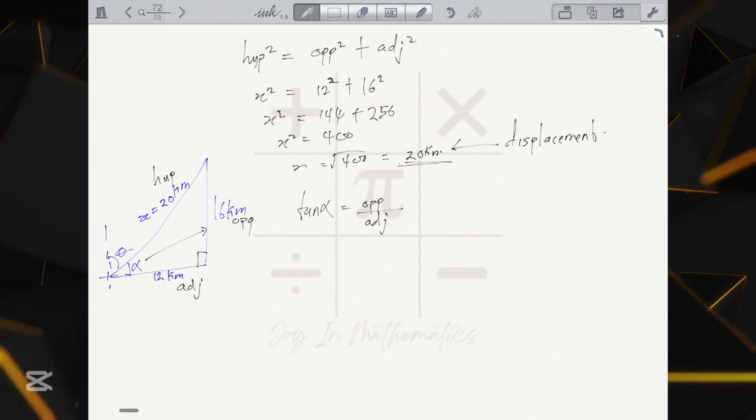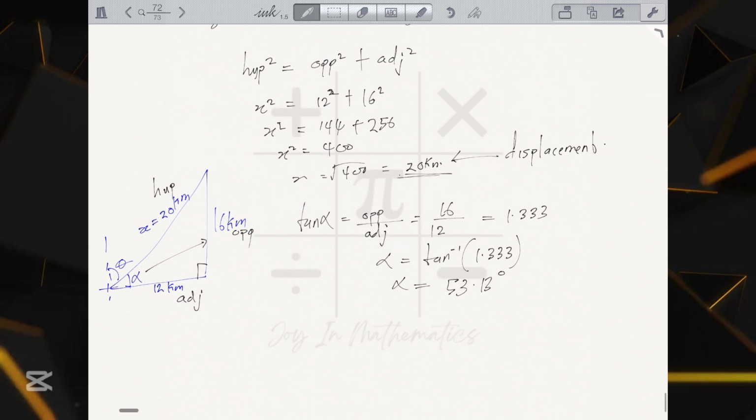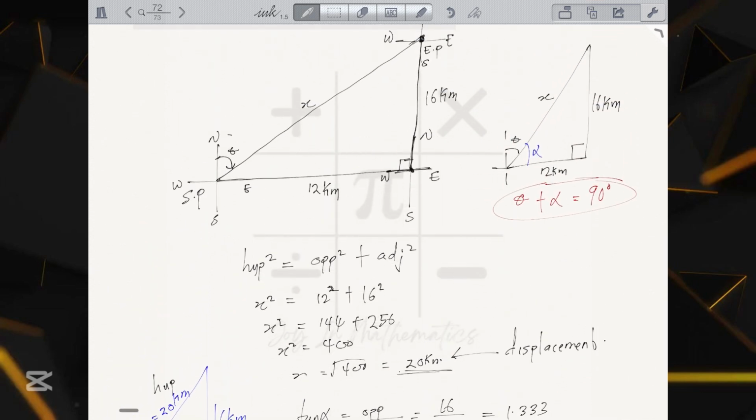So tan alpha is equal to opposite over adjacent, which is 16 over 12, and 16 divided by 12 is equal to 1.33. Therefore alpha will be arctan 1.333, and this would be a representation of 53.13 degrees.